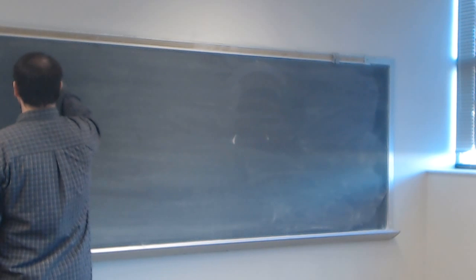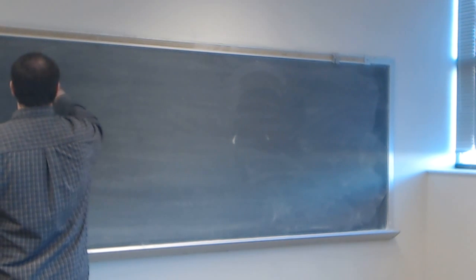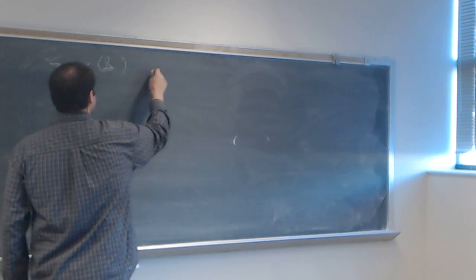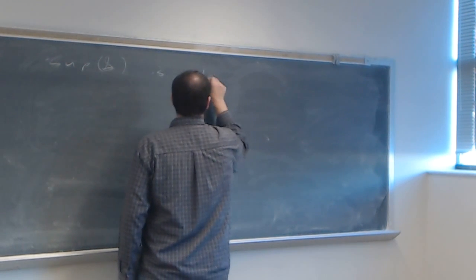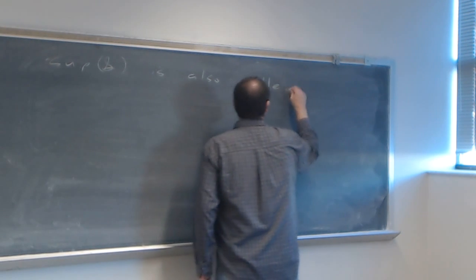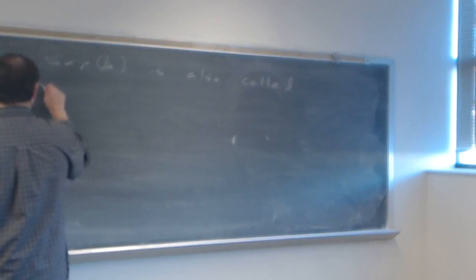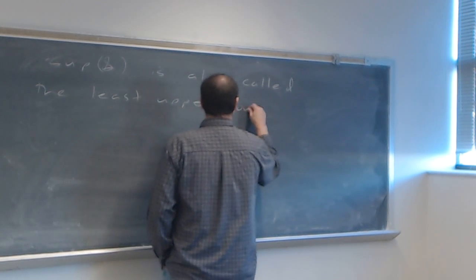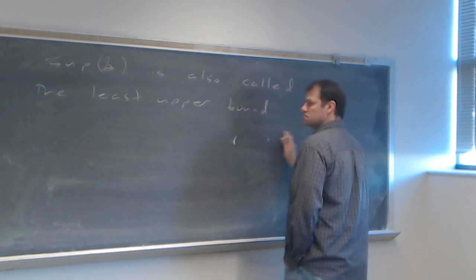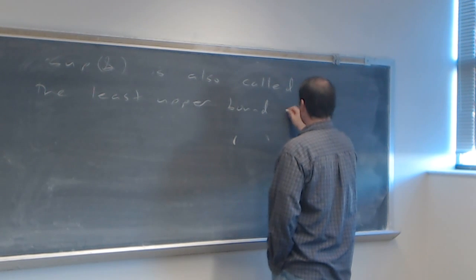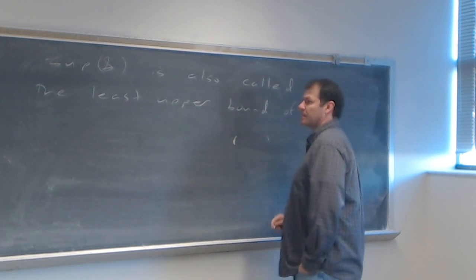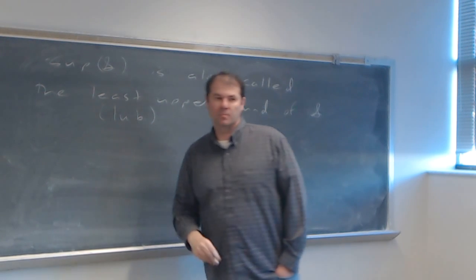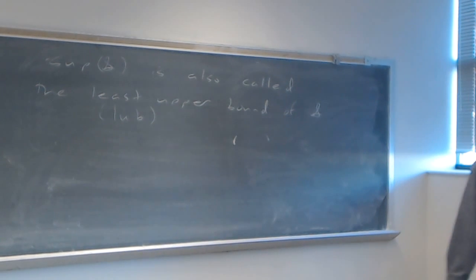So if U, the sup of script S, is also called the least upper bound of script S, sometimes we abbreviate that LUB. So it's an upper bound and it's the smallest of the upper bounds.